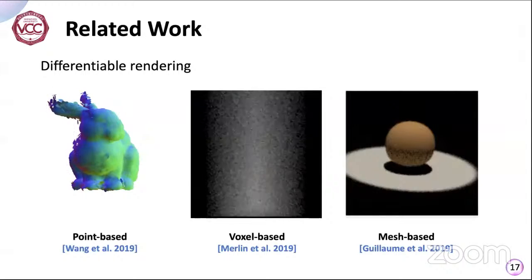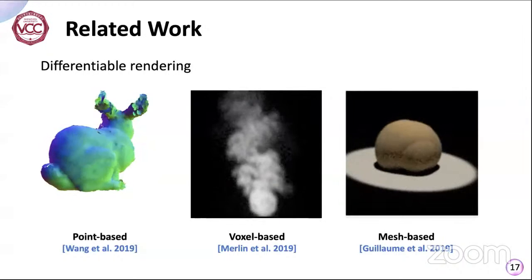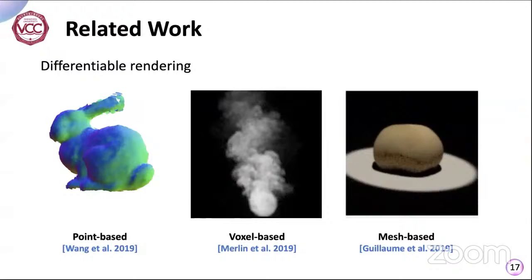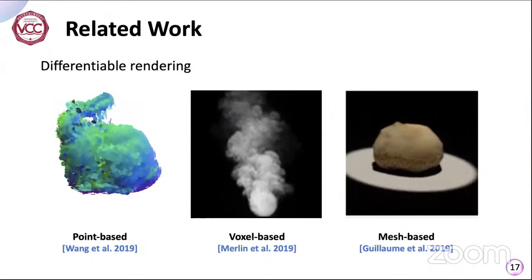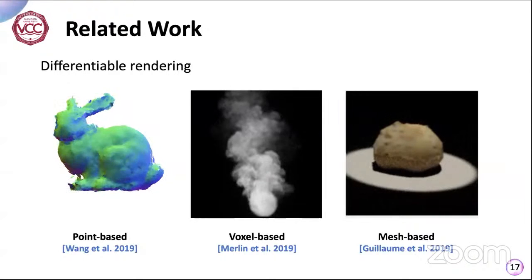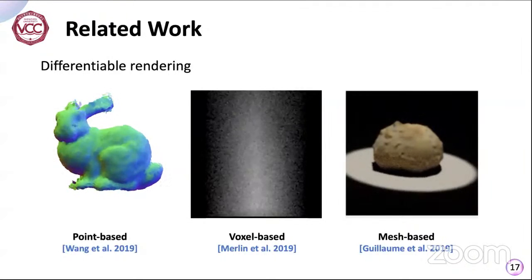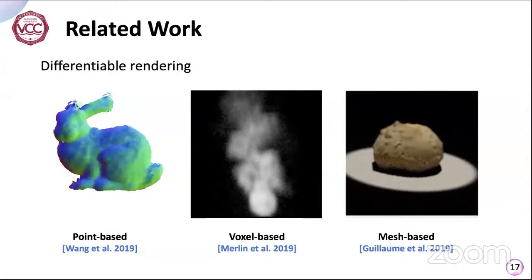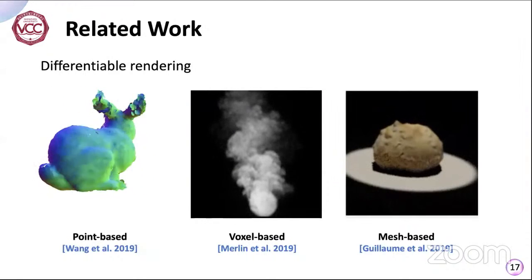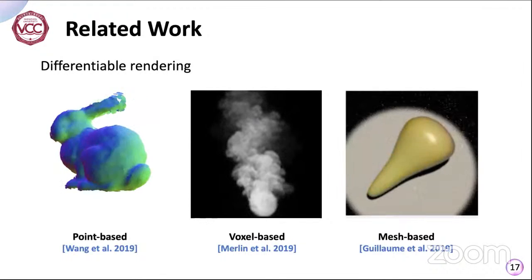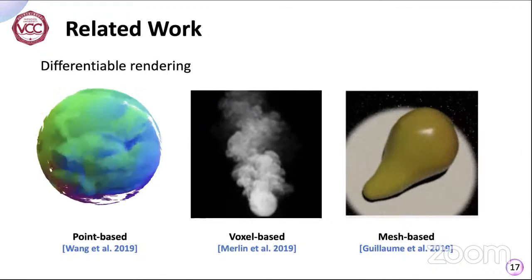The mesh-based DR is by far the most popular, I would say, especially when it comes to most of the complex physical effects. The transparent objects also belong to such category. So we have explored both point-based and mesh-based optimization frameworks for our transparent objects reconstruction.